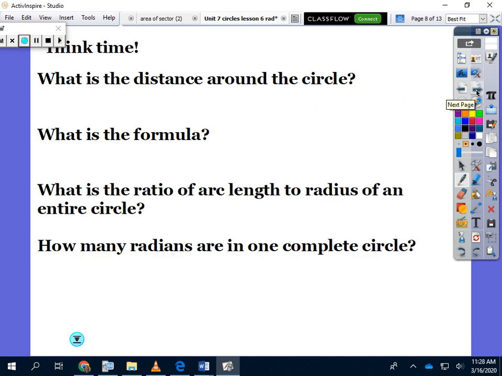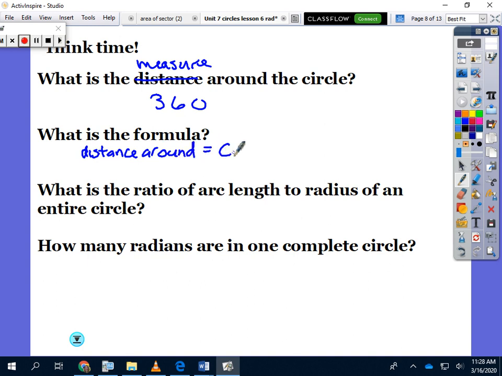Okay, so let's think about the formula for converting between radians and degrees, because that's the next thing we want to do. In fact, we know the measure around the circle is 360. The distance around the circle is the circumference, and circumference is 2 pi r.